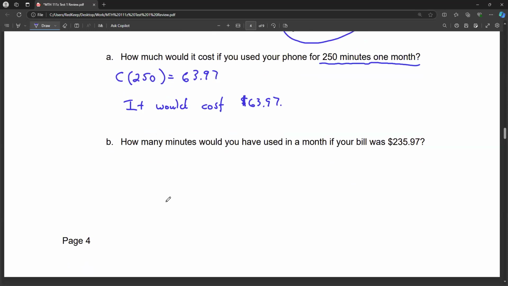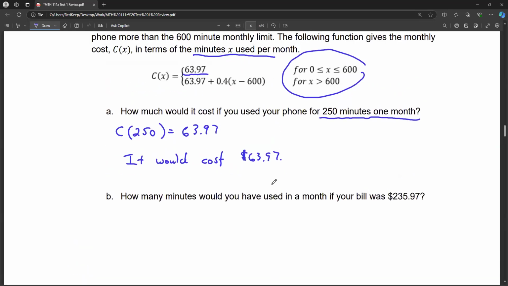Okay, so moving on to part B, they ask, how many minutes would you have used in a month if your bill was $235.97? Let me get the problem statement a little bit in here as well. So here they're saying, well, what happens if the cost was $235.97?